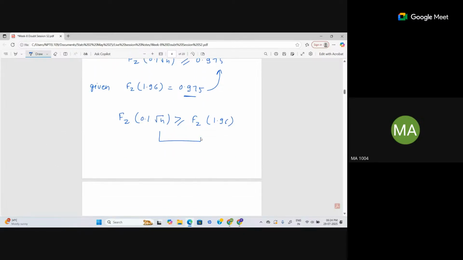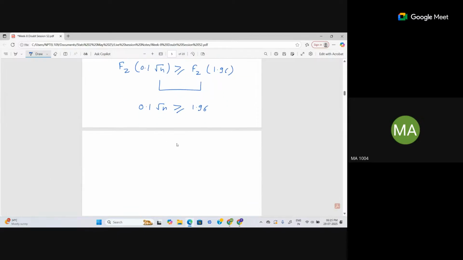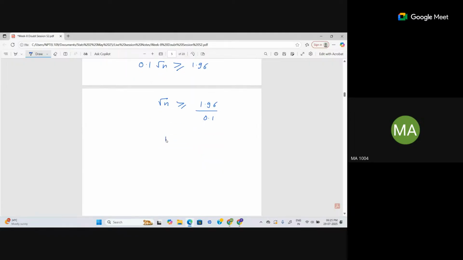Now you can compare these two. So 0.1 root n should be greater than or equal to 1.96, so root n is greater than or equal to 1.96 divided by 0.1. Now we just have to square this value, so n will be greater than or equal to 19.6 whole square. Now calculate it.